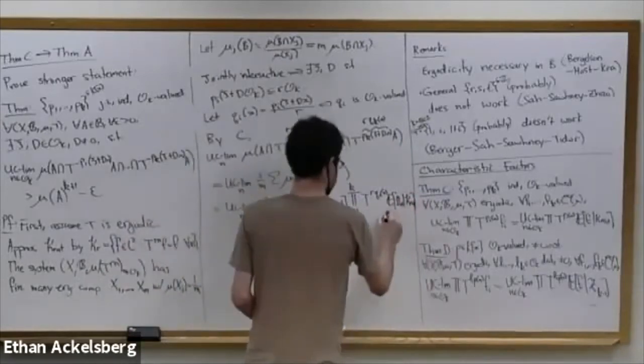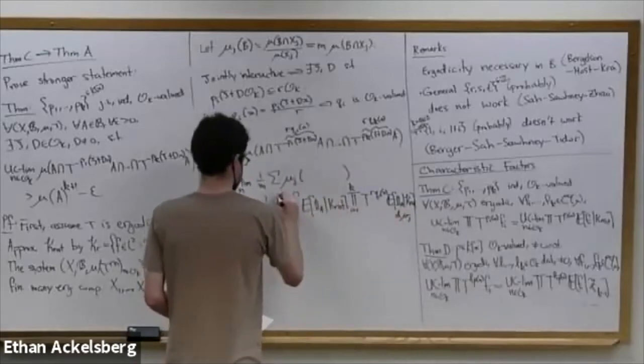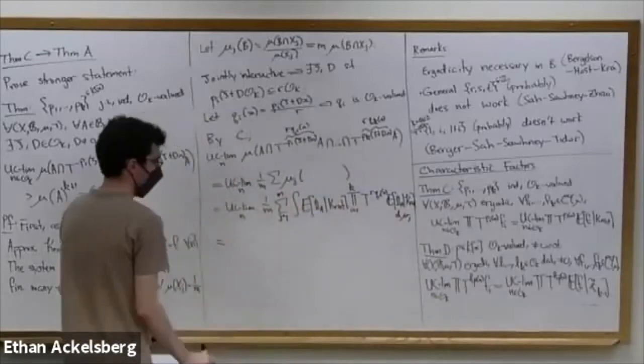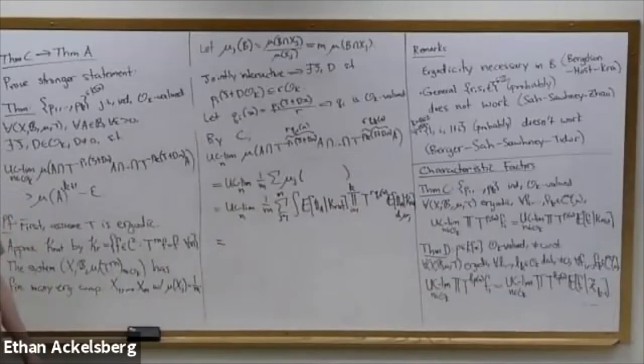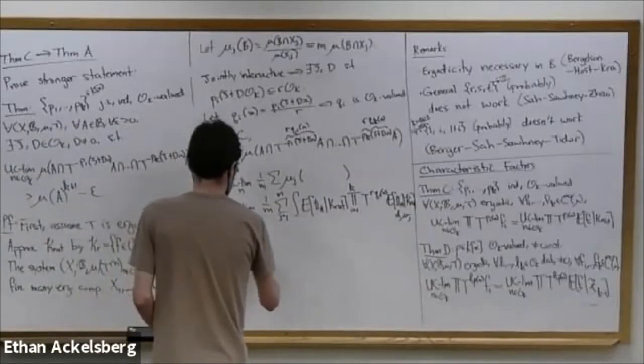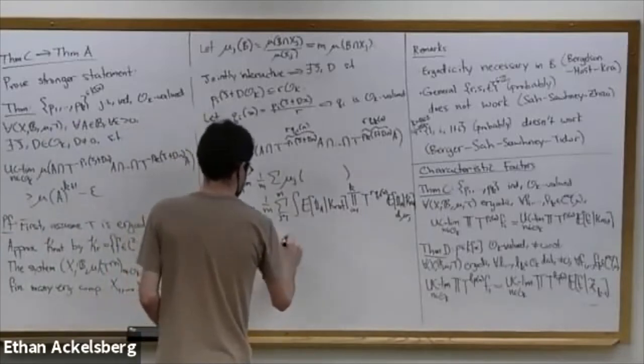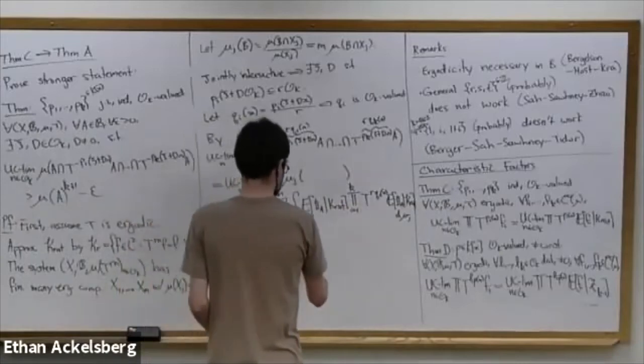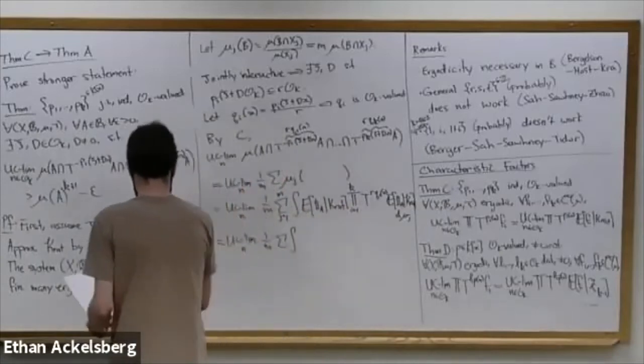And I guess this is dμj. And now we'll use that the rational Kronecker factor is essentially just the r invariant factor. So here this is actually an approximation.